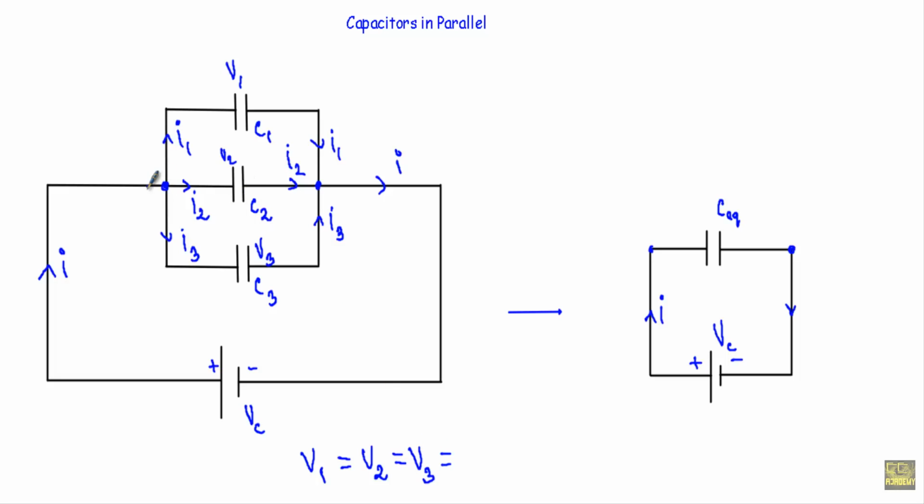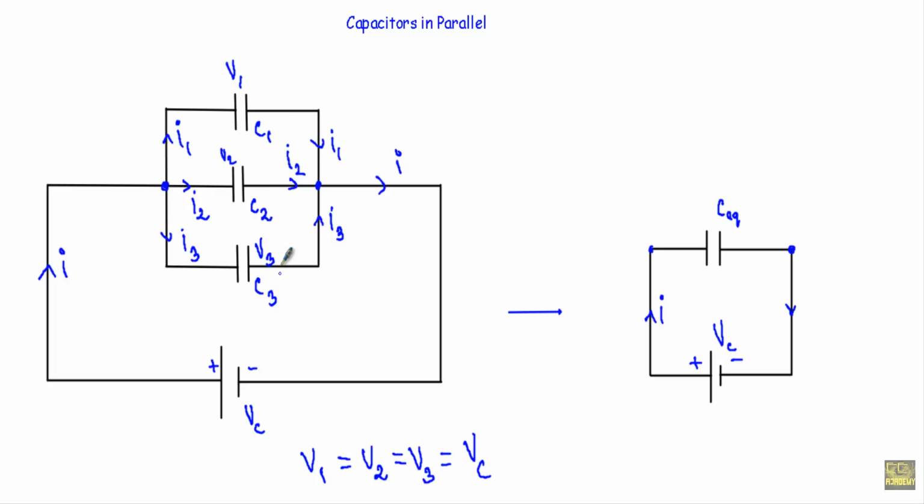We control the voltage difference between this terminal and this terminal with the DC voltage source VC. So V1, V2, V3 will be exactly equal to VC.